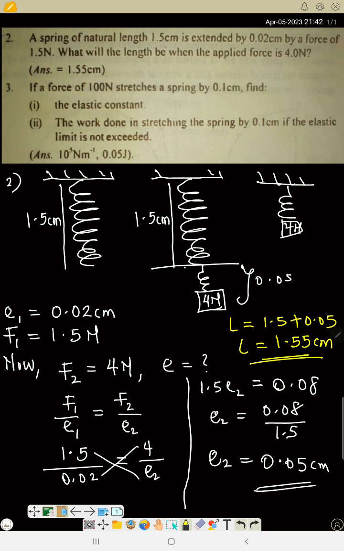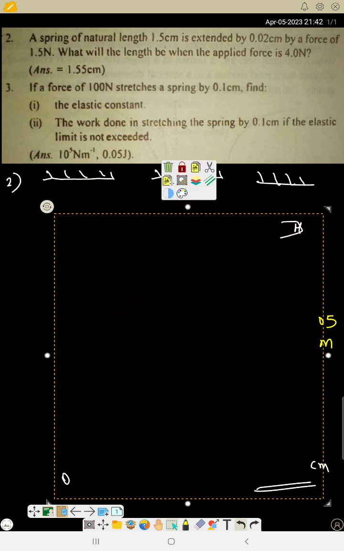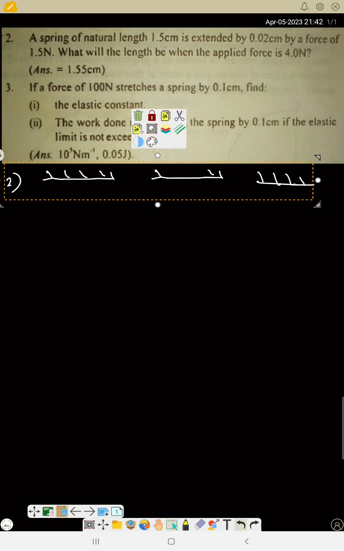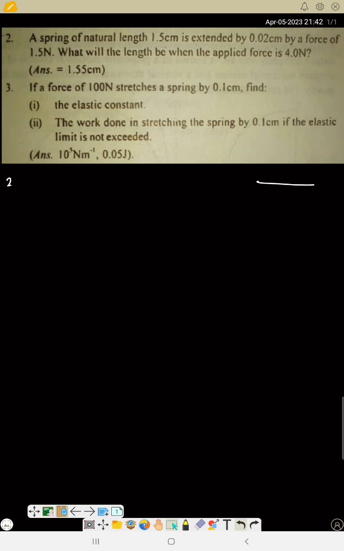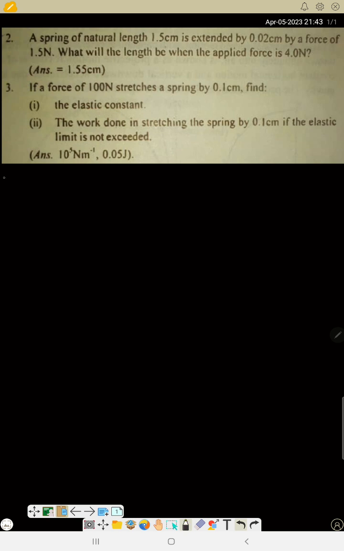So now for number 3. If a force of 100 Newton stretches a spring by 0.1 centimeter, find the elastic constant.